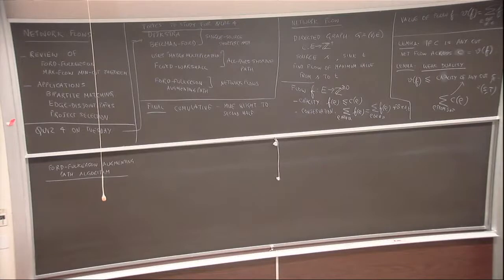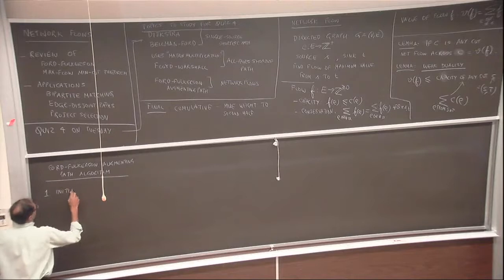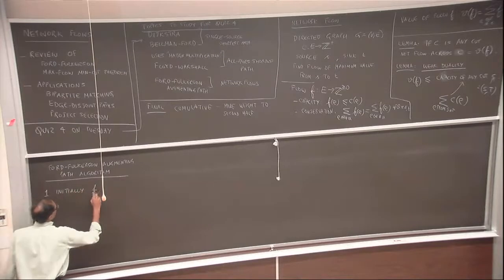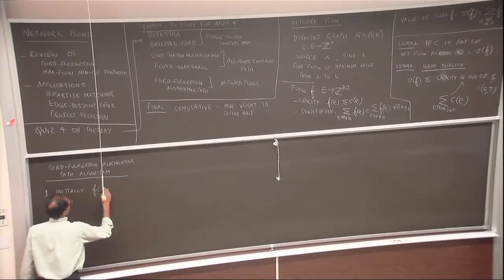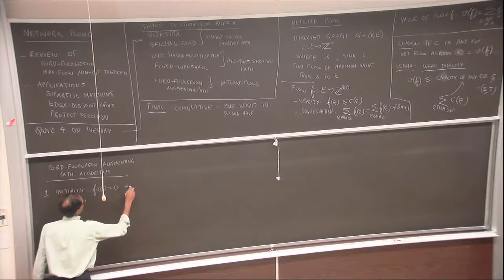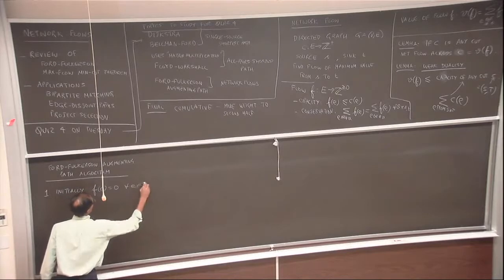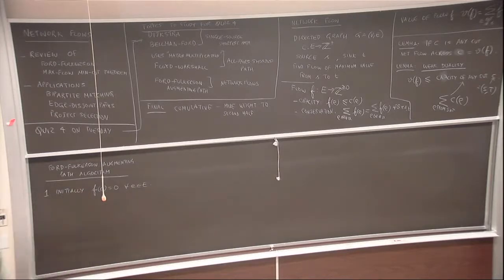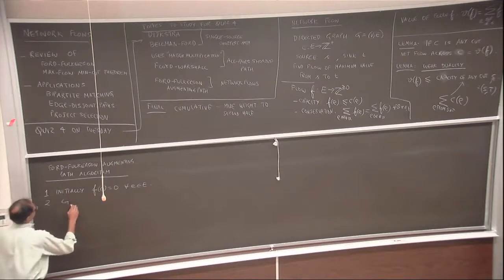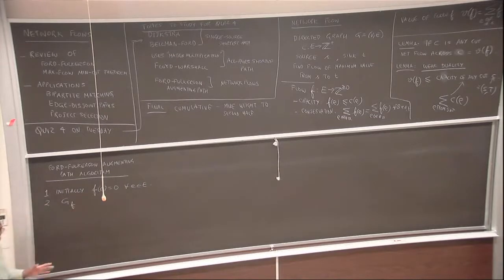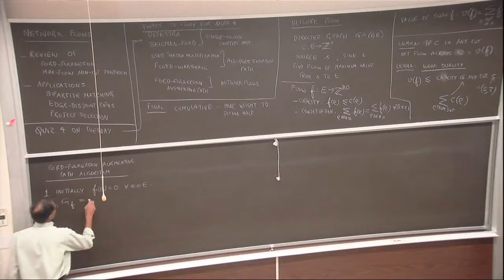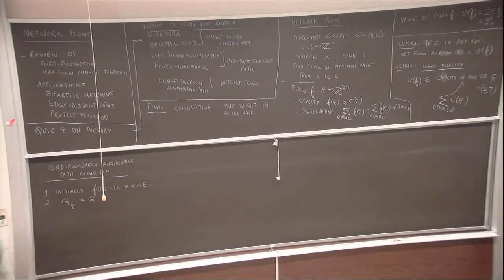Okay? So initially, the flow f of e equals 0 for all e. Your residual network, when you have sent no flow, is simply the original graph.